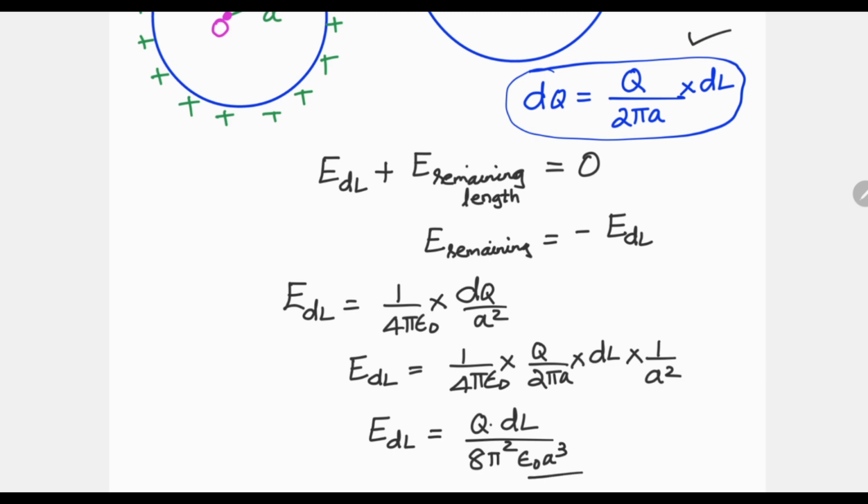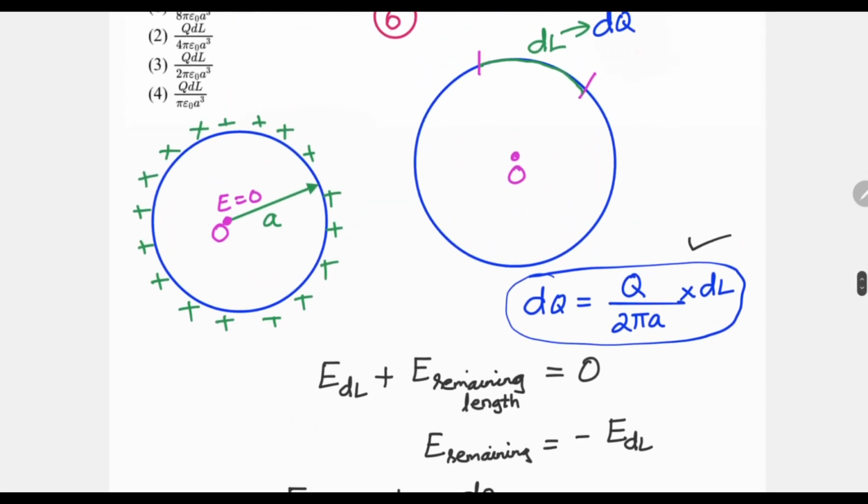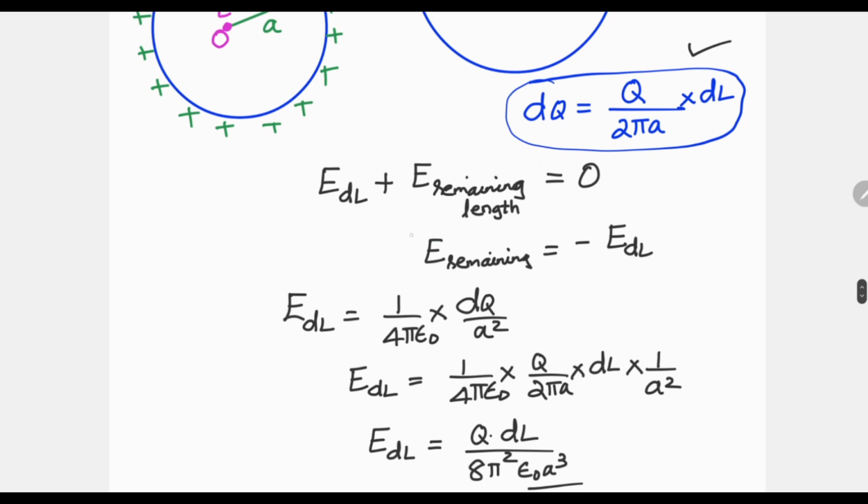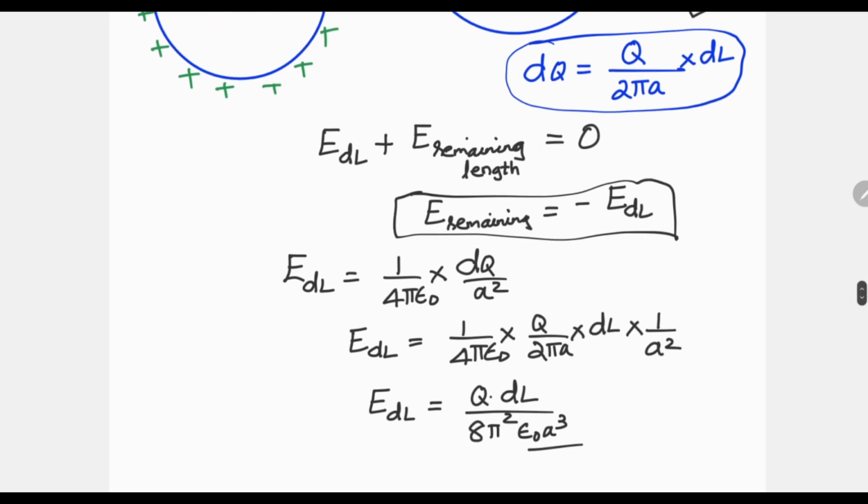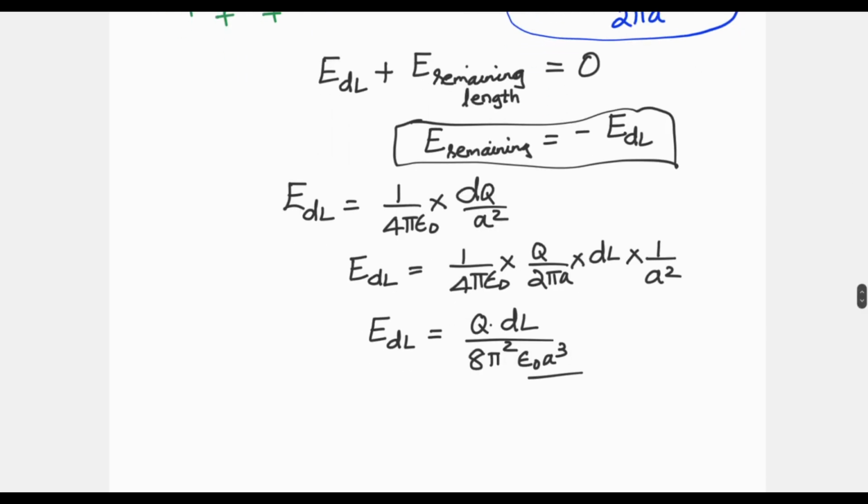Now in this answer choice, actually the electric field of the remaining portion equals minus E into dl. Here there is no need to take the negative sign because we need the magnitude only. That means you have to consider it in this way. The modulus of the electric field due to the remaining portion is equal to the modulus of the electric field due to that small length dl.